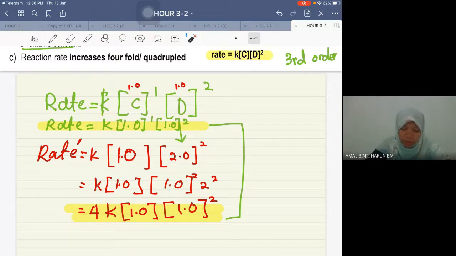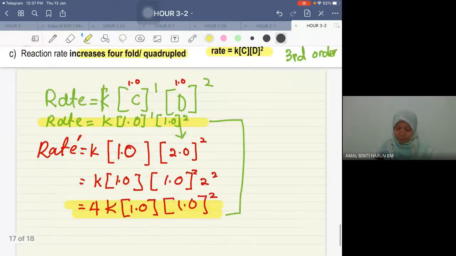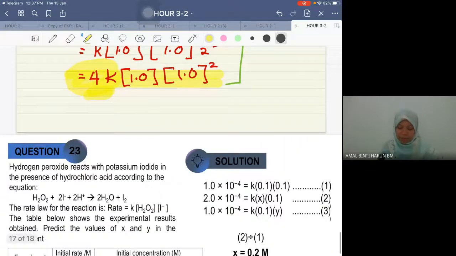So, it increase by 4-fold ataupun quadruple, 4 kali ganda. Tepat, dia second order. Okay. So kalau confused kan nak bagi tahu macam ni, kita tunjukkan daripada figure tu, barulah you lebih yakin kenapa dia dapat 4K, 4 kali ganda.